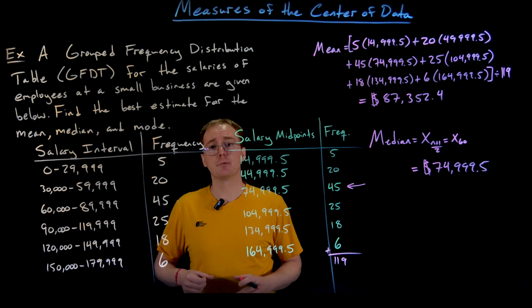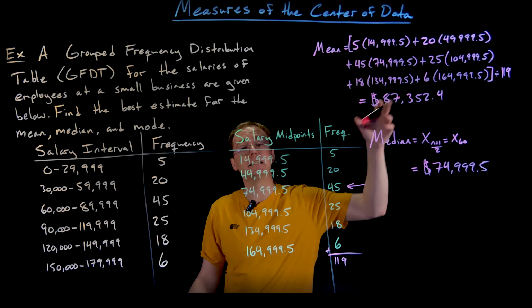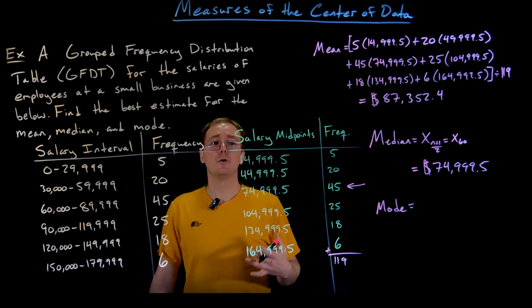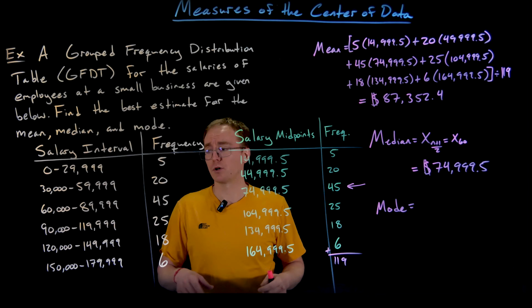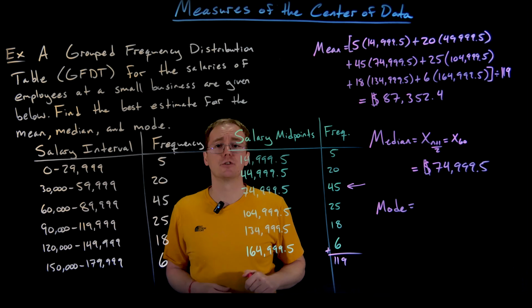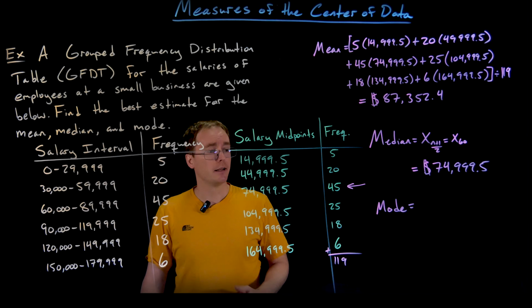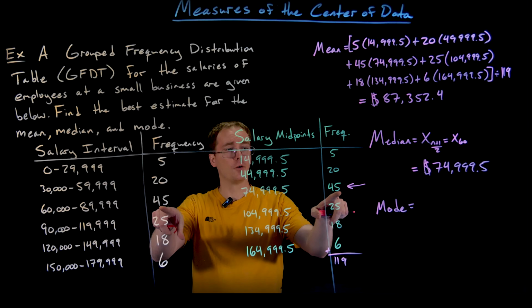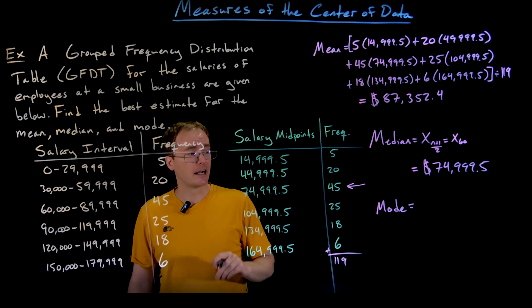And so the last thing we have to find is the best estimate for the mode of these salaries of employees. And we're not listing ranges for the mode, just like how we didn't list ranges for the median or the mean. Instead, we're going to say the mode is that salary midpoint that shows up most frequently, which corresponds to the interval that shows up most frequently. And so let's see, this interval had the most with 45 employees in it, and the midpoint for that interval was $74,999.5.